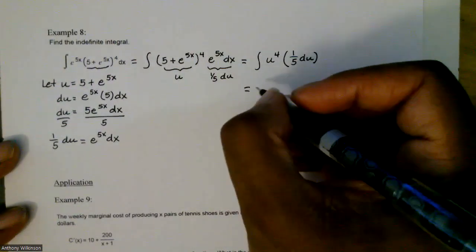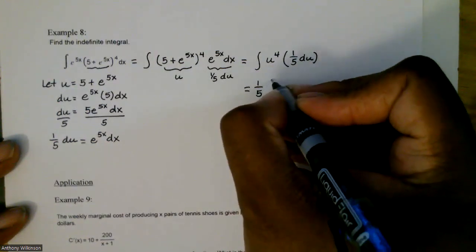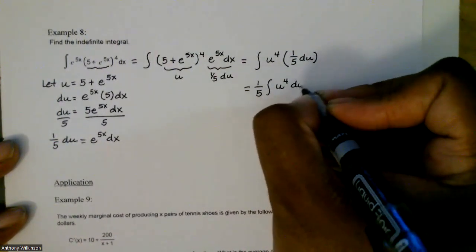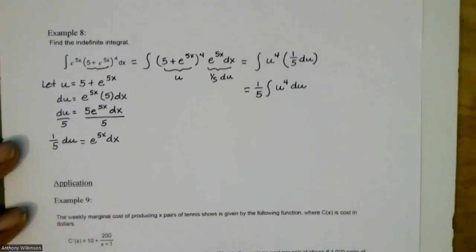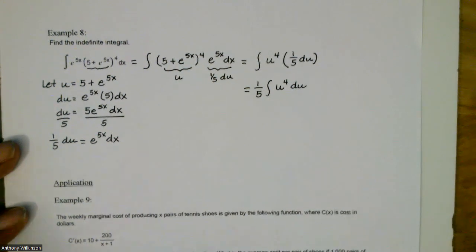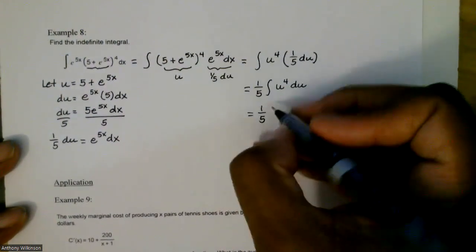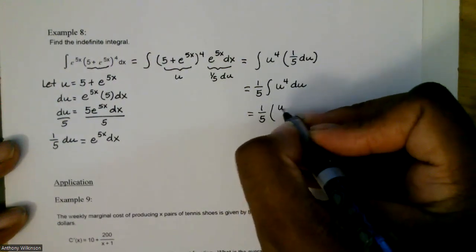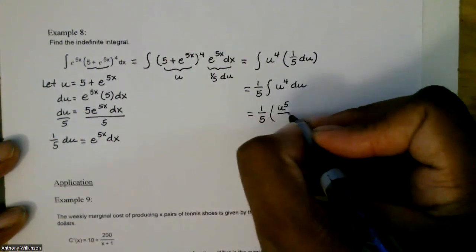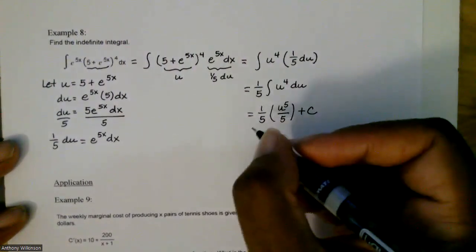And since 1/5 is a constant, I can pull the constant out in front of the integral sign, so it'll be 1/5 times the integral of u to the 4th du. And then integrate u to the 4th by increasing the power by 1. So in this case, 4 plus 1 would be 5, so it'd be u to the 5th divided by 5, and then plus c.